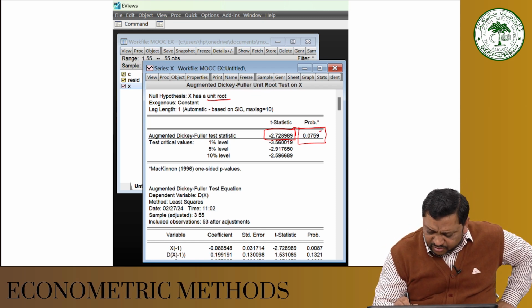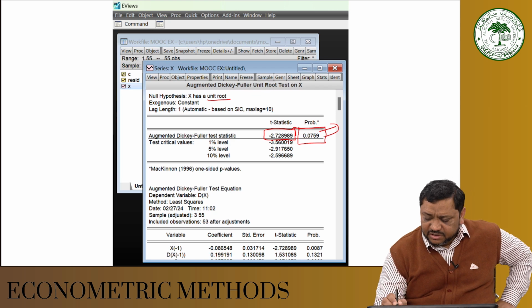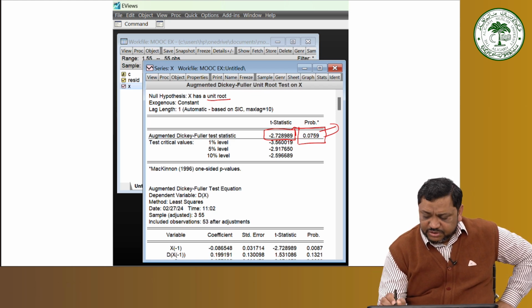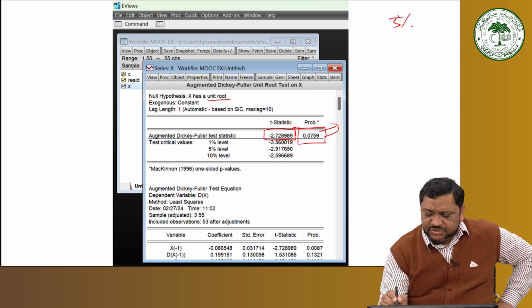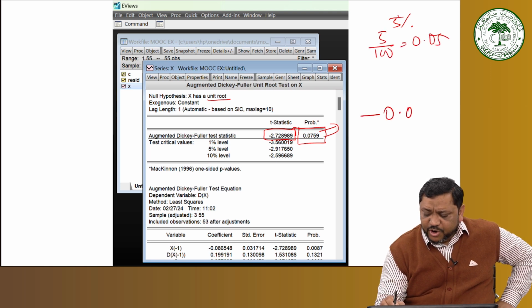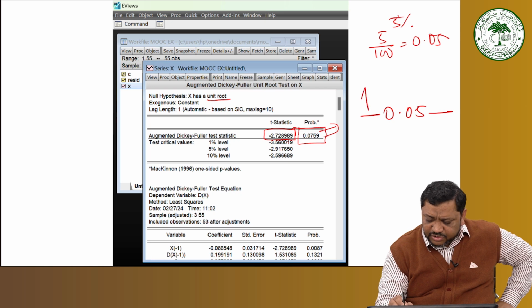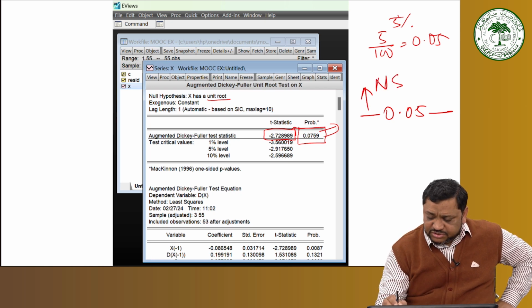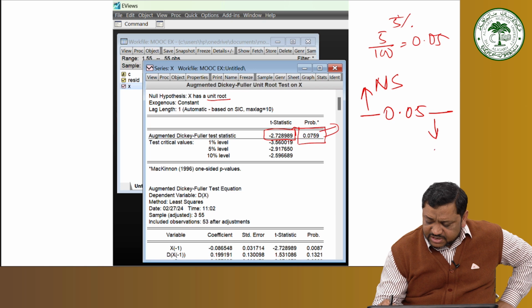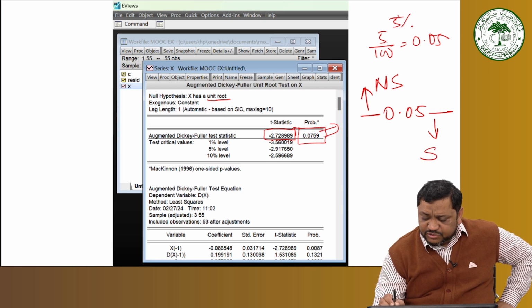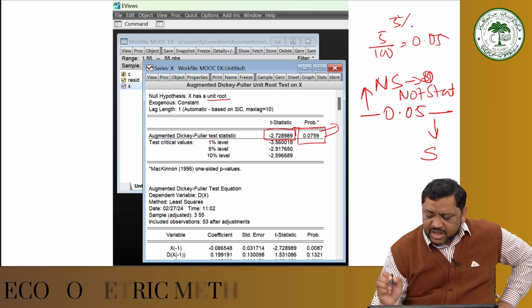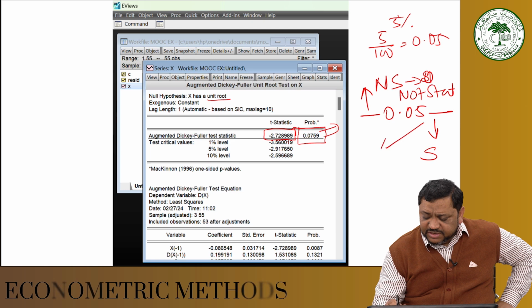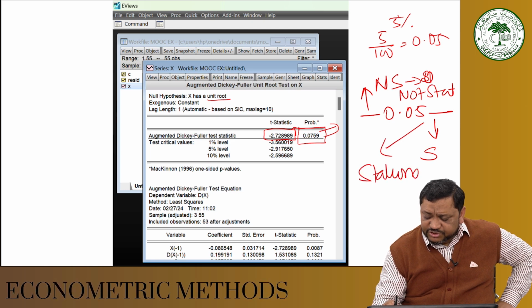We can simply look at this value, and the criterion: we normally do testing at 5%. 5% means 5 by 100, that is 0.05. 0.05 is the cutoff. If the value is more than this, it is not significant, which means the data is not stationary. If it is less than this, it is significant, which means the data is stationary.